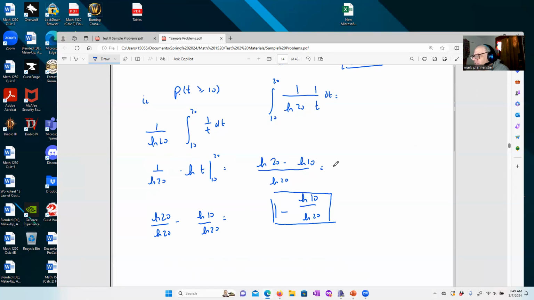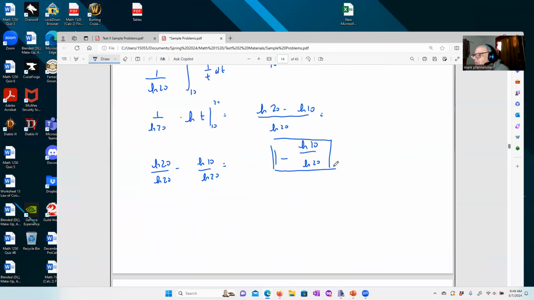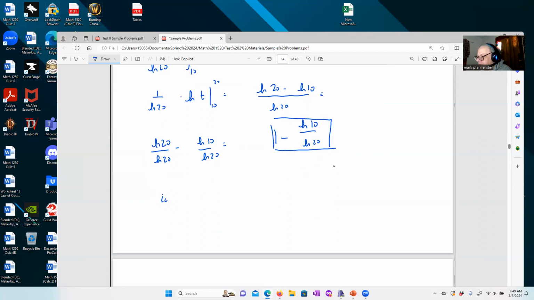Number 3 was the expected time for the blood to clot. The formula for expected value is the integral of t times f of t over its domain, so 1 to 20.